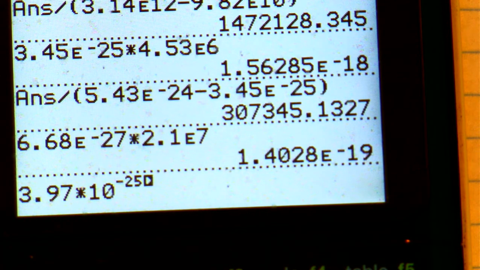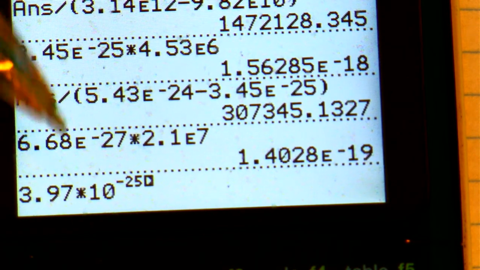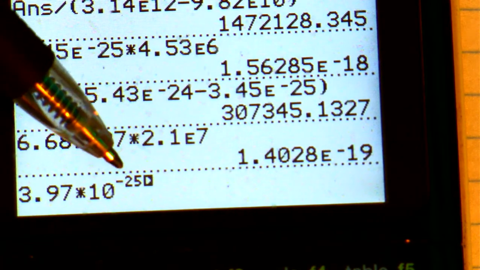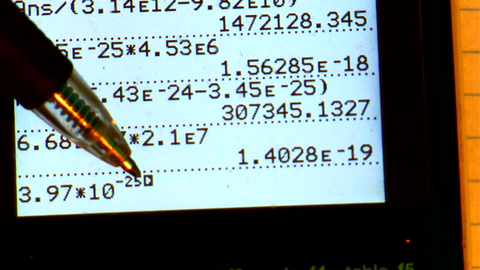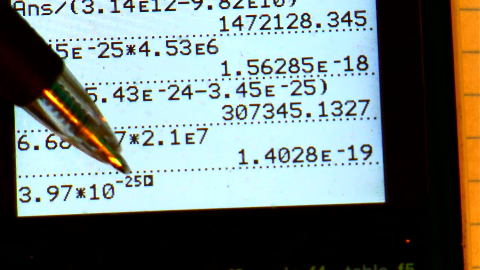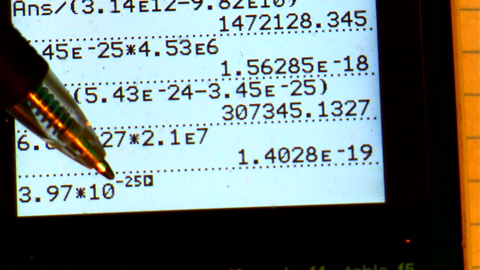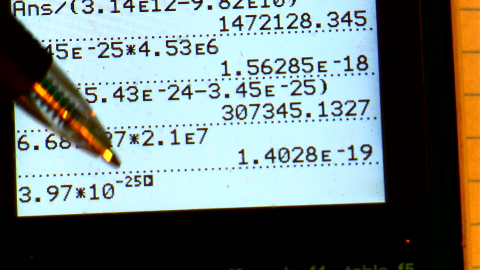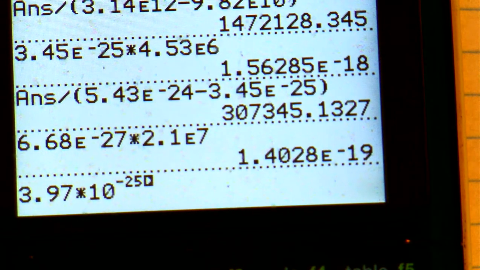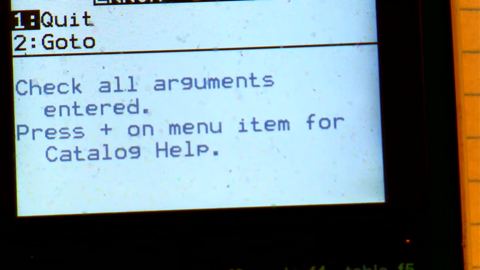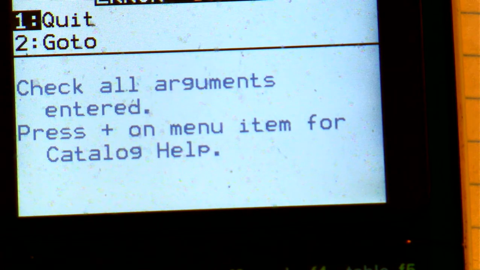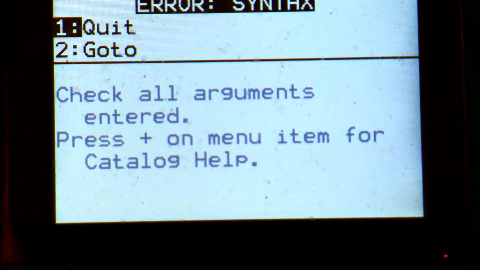And I see on this calculator, this is a TI 84 Plus Color Edition. It correctly put in the 25 as an exponent, even though I put in a minus sign here instead of the exchange key that I should have used. So, oh, maybe not. It says I have an error.